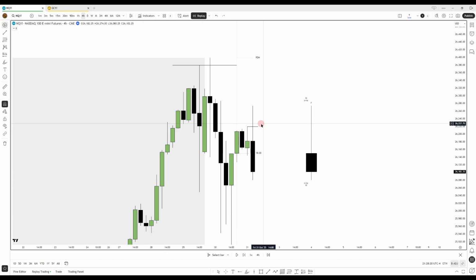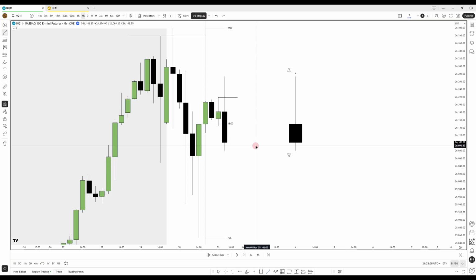Next candle, what do you want to see happen here? You want to see open, high, low, close, yeah? Want to see open. You want to see open. You want to see high.